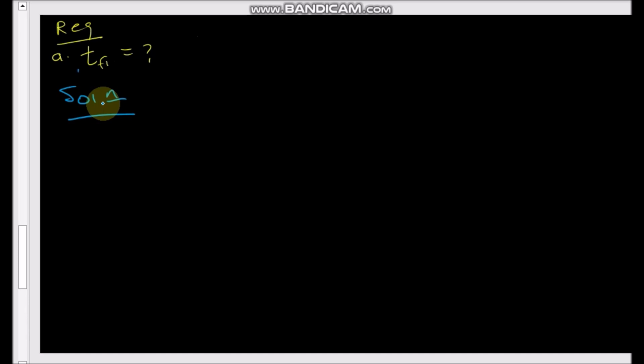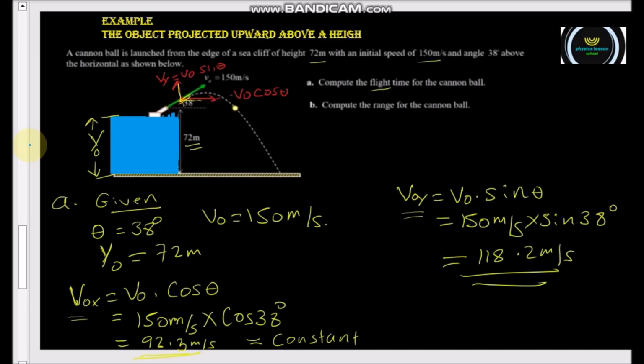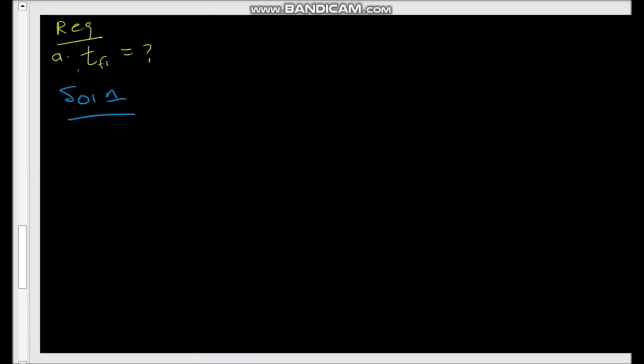The object is launched up to here and then down. That means we have the equation y minus y initial is equal to v naught y times t minus 1 over 2 g t squared.